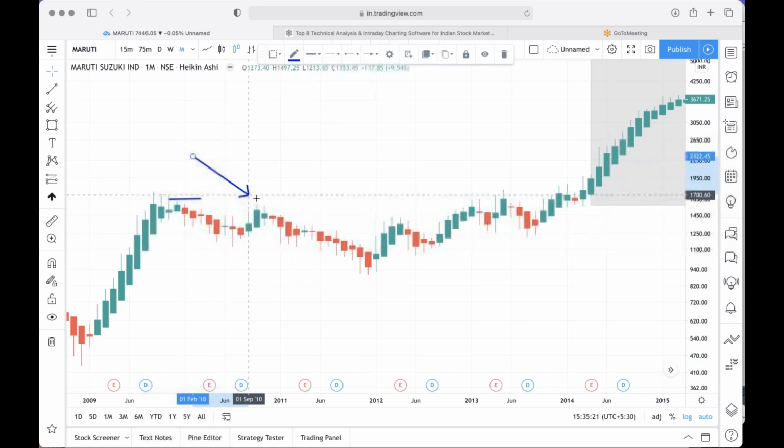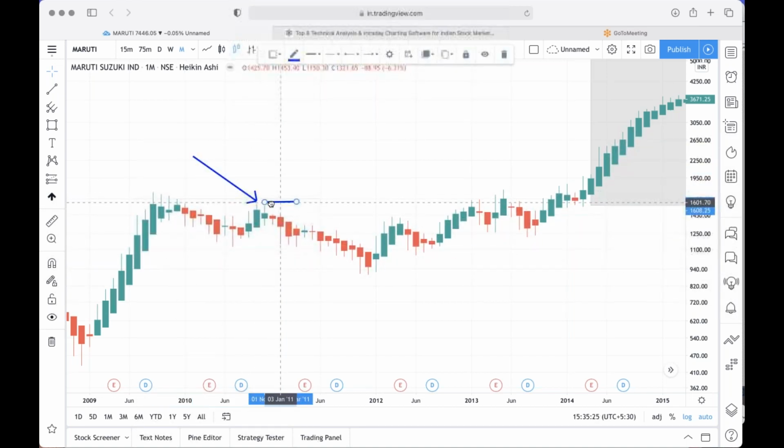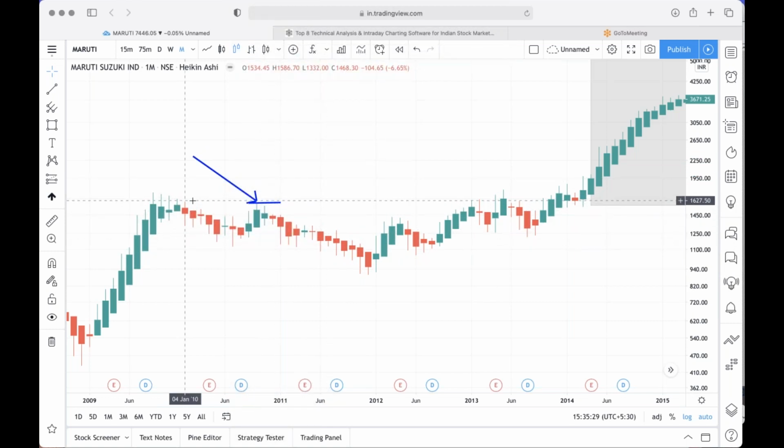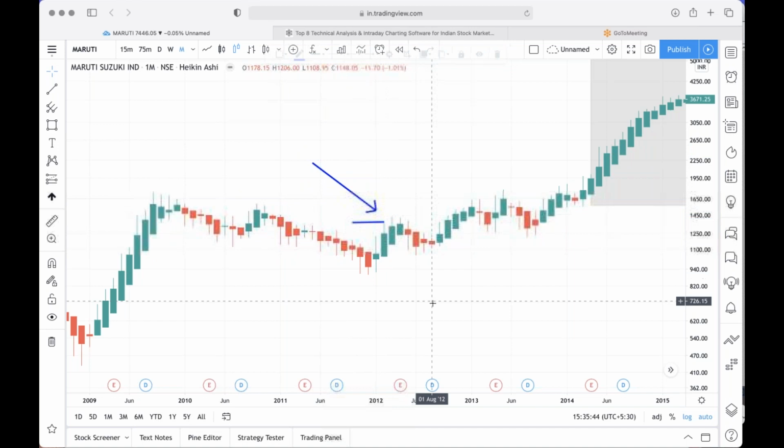Second instance is it gave here, so we should have bought above this candlestick's high. It never went above the high, so chance number 2 gone waste, as in there was a possibility, it never happened. Let's look at the next one, this one. This one meant we should have bought above this, which we bought in the next month.